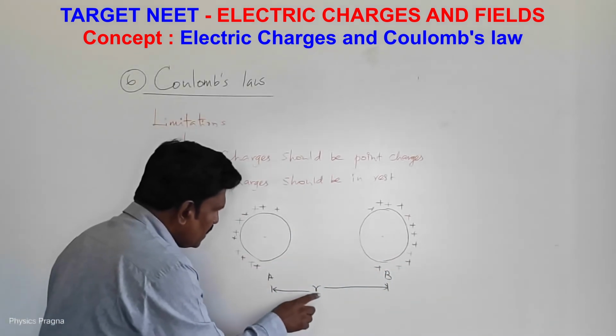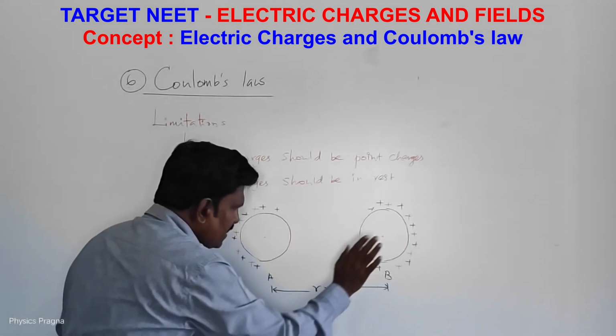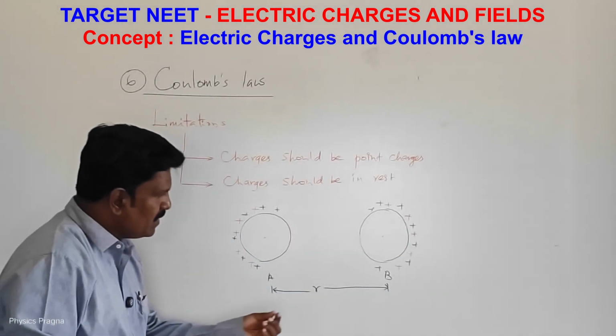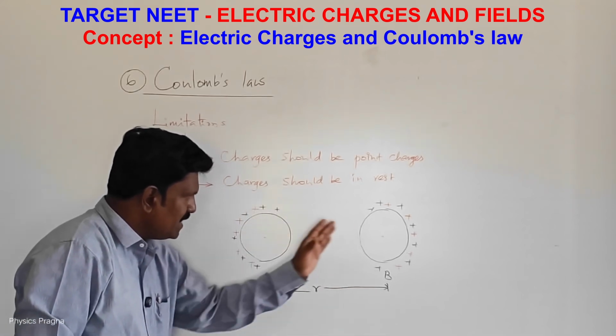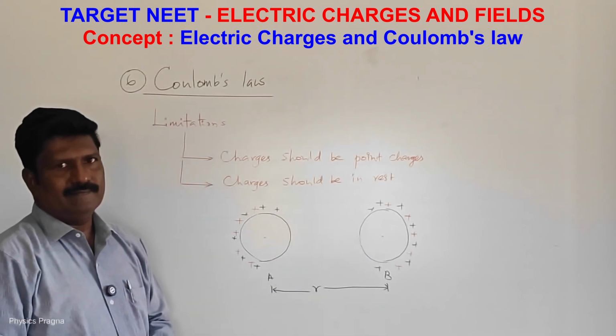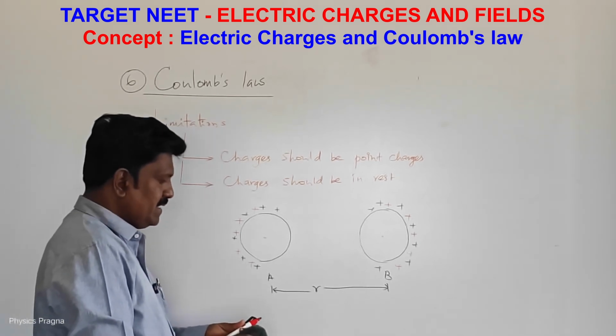That's why we cannot use it. What is the real charge, where is the charge accumulated? You cannot calculate. Why? Because they went away from the center. That's why the distance between charges is not r. That's why it is only applicable for point charges.